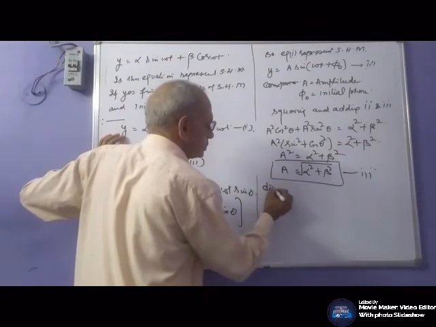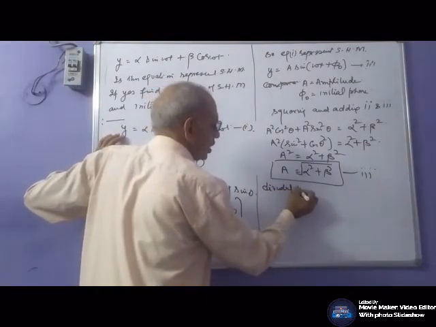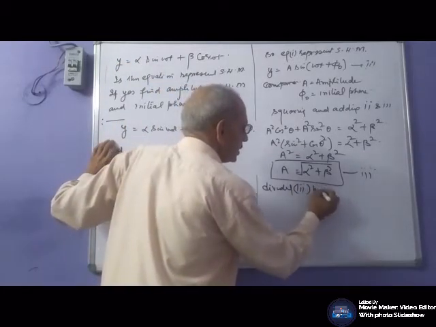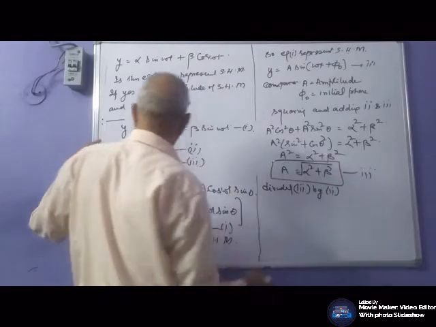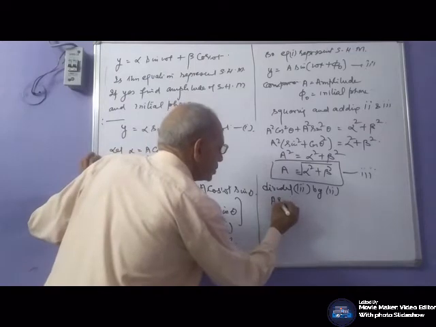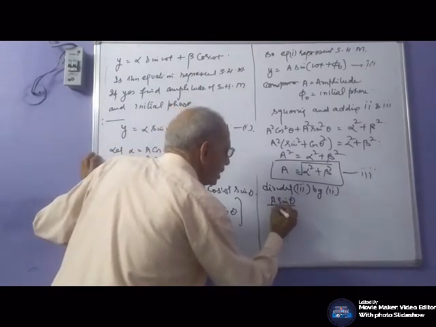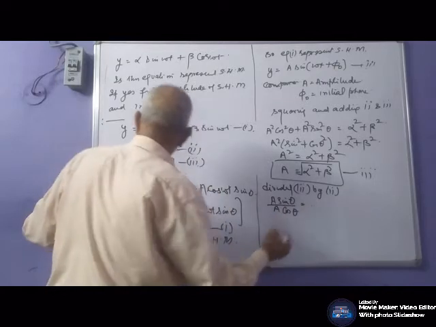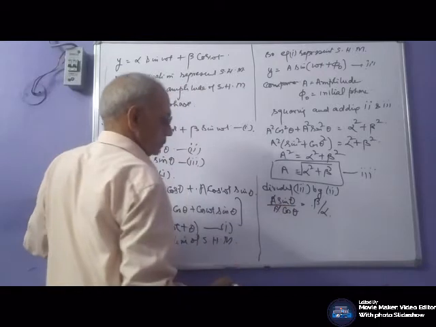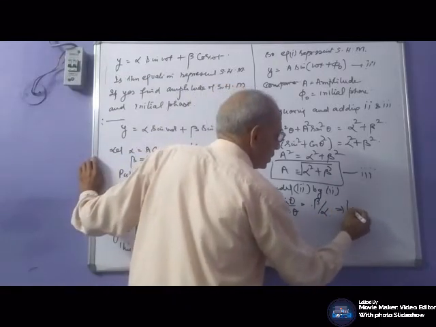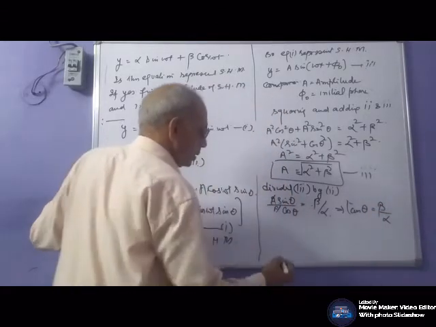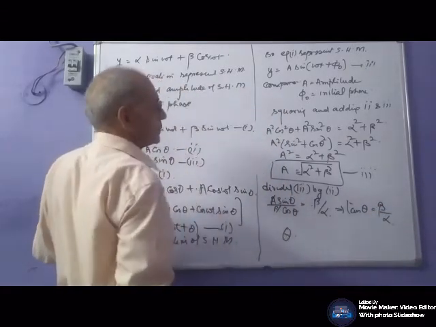Dividing third by second: A sin theta by A cos theta equals beta by alpha. A goes with A, tan theta equals beta by alpha, and theta was the initial phase.